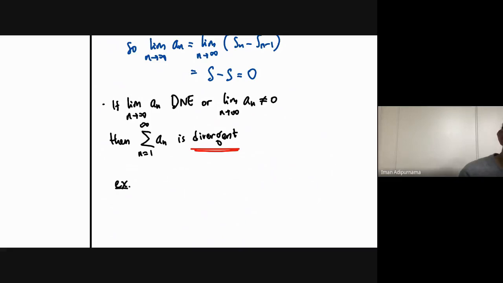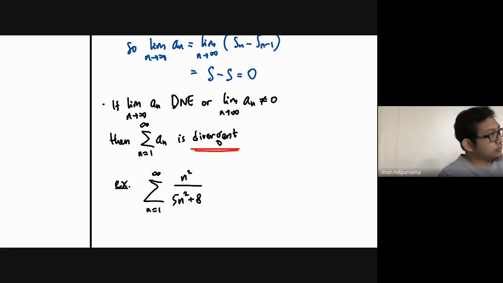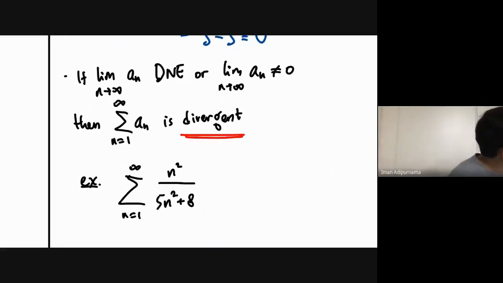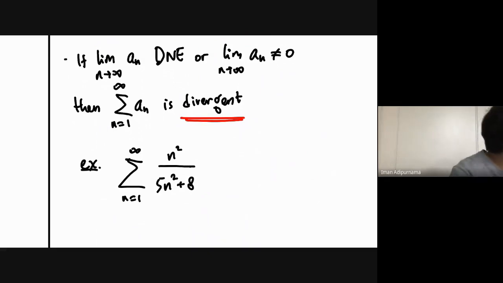For example, if you look at the example, the series of n squared over 5n squared plus 8.